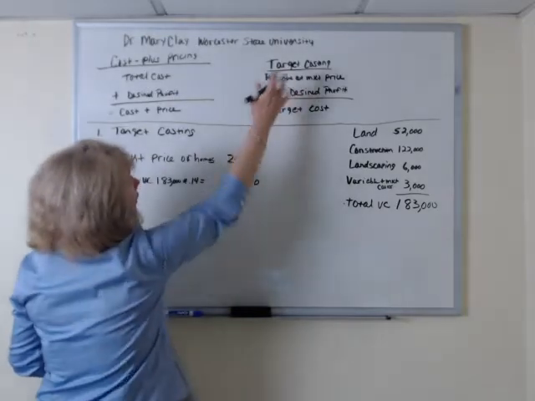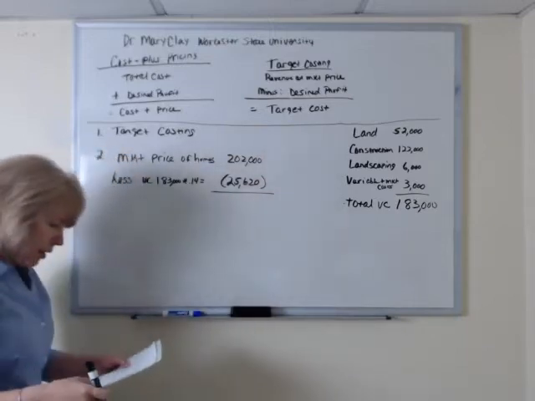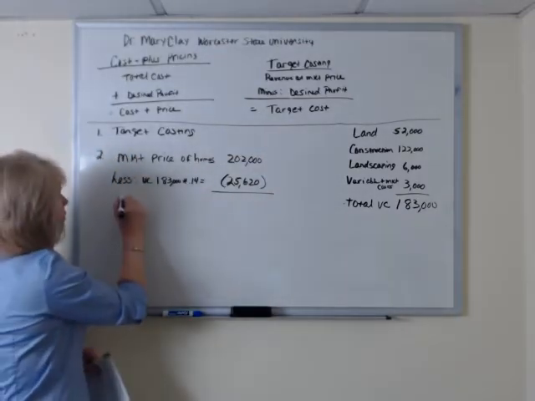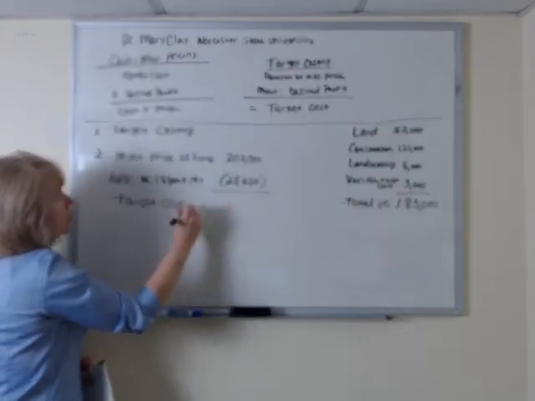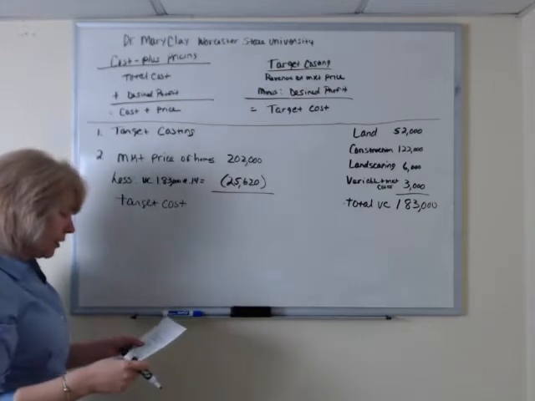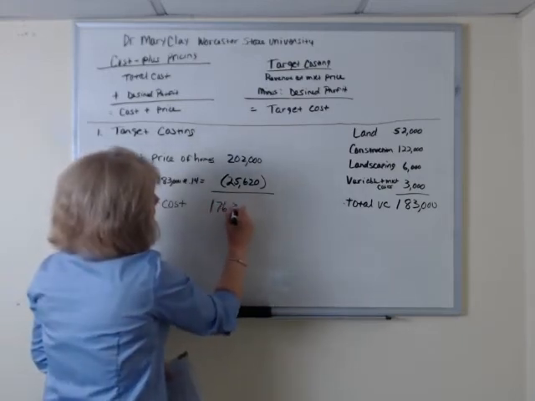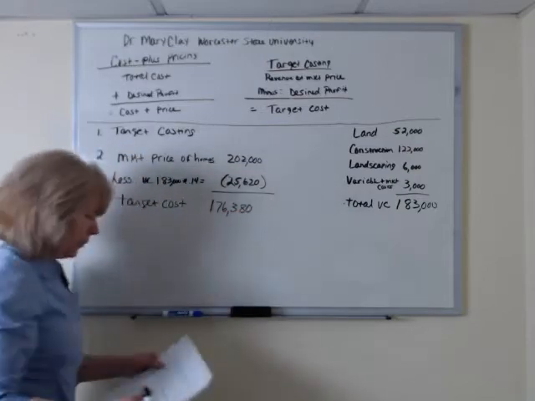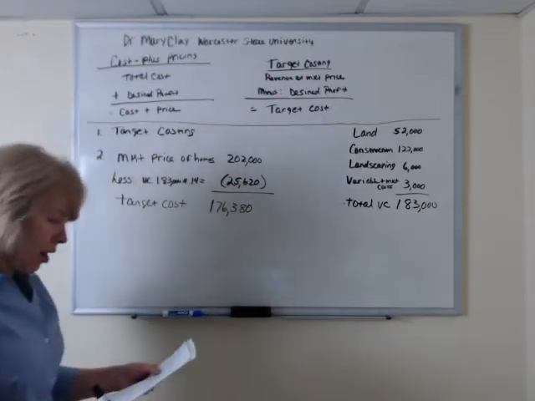Now this is target costing, so I'm going to subtract that number. I subtract it, and that gives me my target cost. So I take 202,000, I subtract that 25,620, and I get 176,380. Okay? All right, so make sure you're understanding what you're doing with target costing.